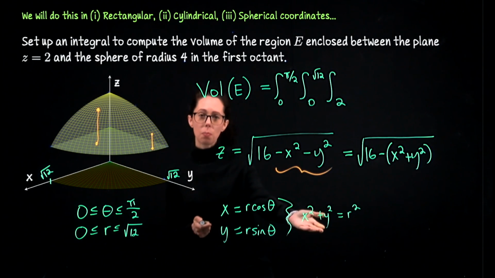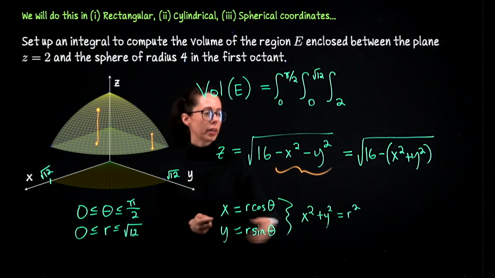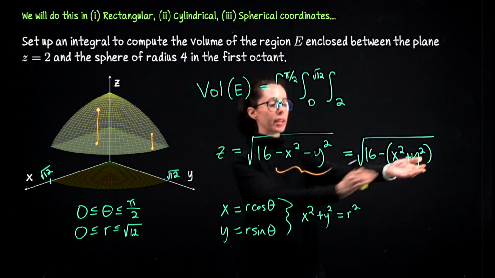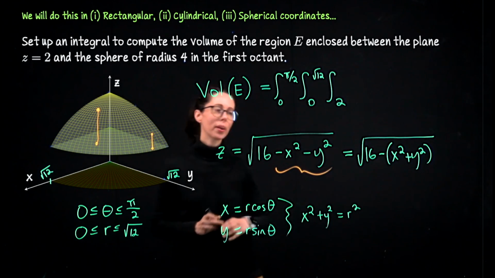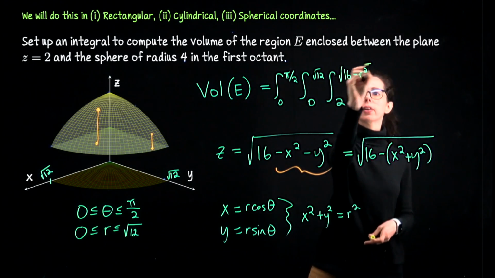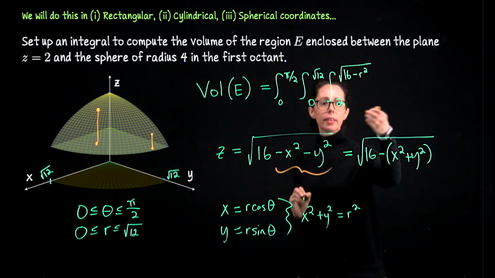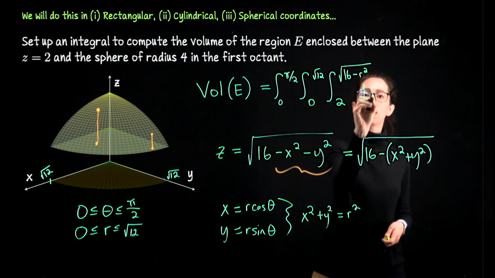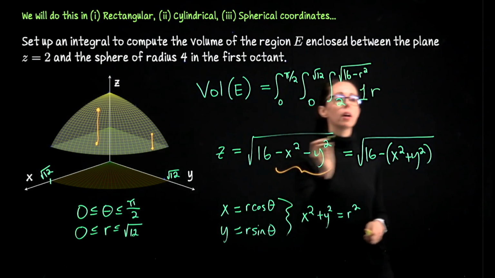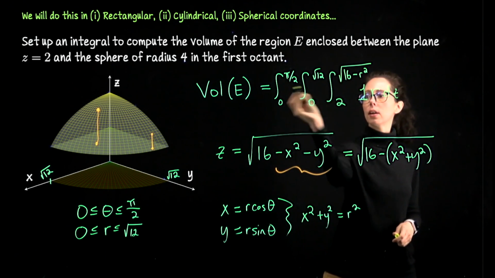So this is something that you must recognize when you're working with this coordinate system. Therefore, when I see 16 minus the quantity x squared plus y squared, my mind goes straight to r squared. And I think it looks nicer. So nice, in fact, that we are going to integrate this by hand. The integrand goes to 1r, because we are changing coordinates into cylindrical coordinates, 1r dz dr d theta.